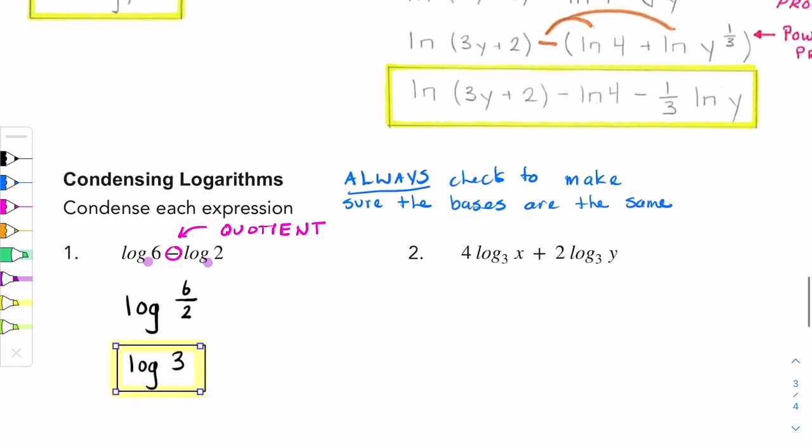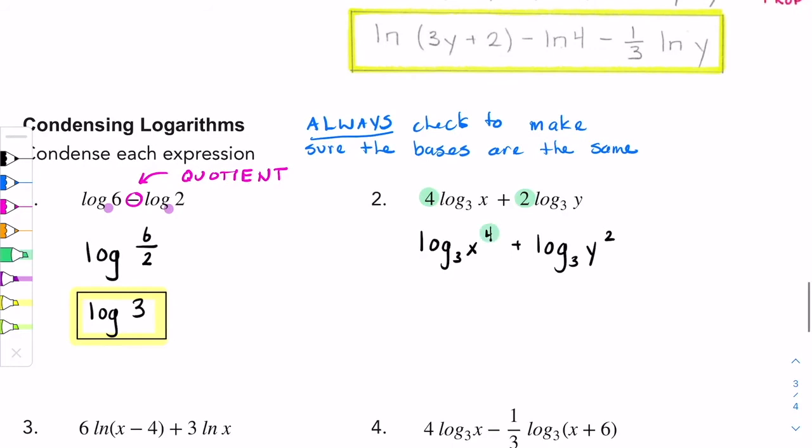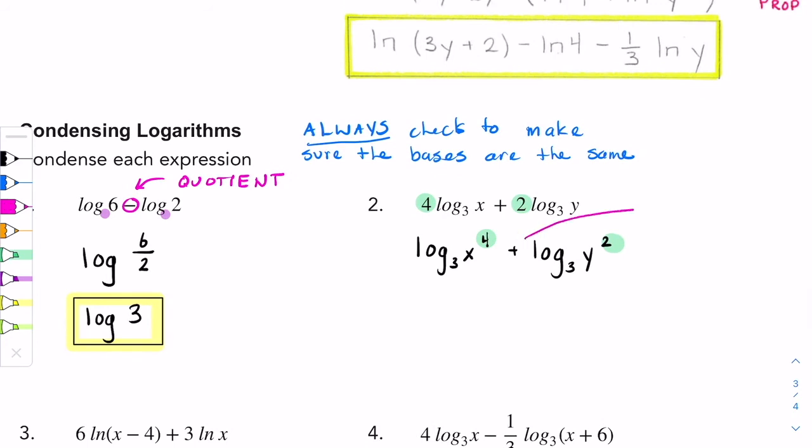If you have coefficients, you need to reverse those back to exponents before you can do anything. So always check for your coefficients first. That gives me log base 3 of x raised to the power of 4 plus log base 3 of y raised to the power of 2. All right, because addition is the opposite of multiplication, this is the product property.